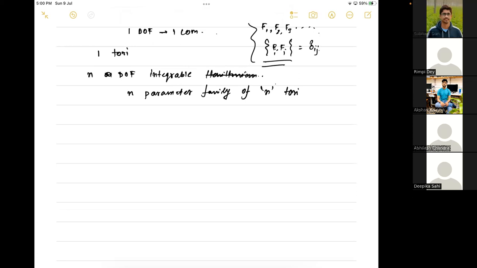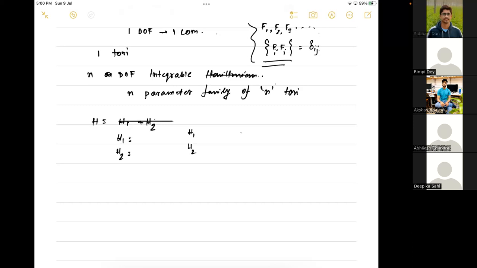Now let's say for two uncoupled harmonic oscillators, the Hamiltonian will be H1 plus H2, right? So H1 will be p1 squared by 2m plus half m omega squared x1 squared. H2 will be p2 squared by 2m plus half m omega squared x2 squared, right? Now here H1 is a constant of motion, H2 is separately a constant of motion because the harmonic oscillators are uncoupled.